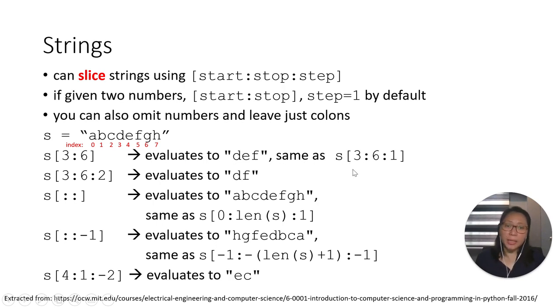Since the default for step is 1, it's the same as jumping by 1. On the next example, [3:6:2], this evaluates to DF because you skip one character, since the step size is 2. In the third example, we have two colons inside the square brackets. This evaluates to the whole string.